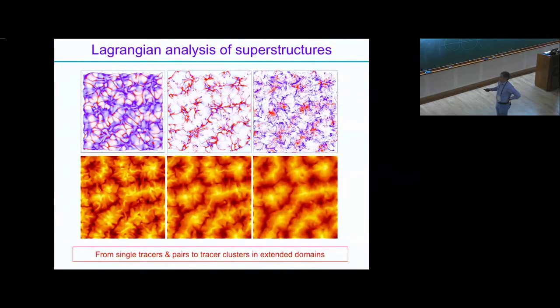So you see how the contours are smeared out. And the point is now, can we connect these things? Can we classify these structures, these roll patterns, as I used to say, with these clusters of the tracers?